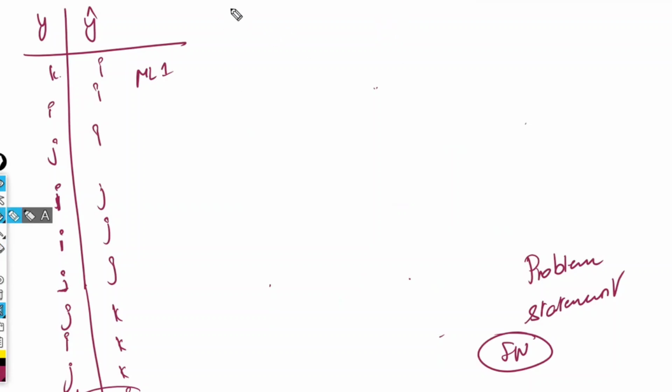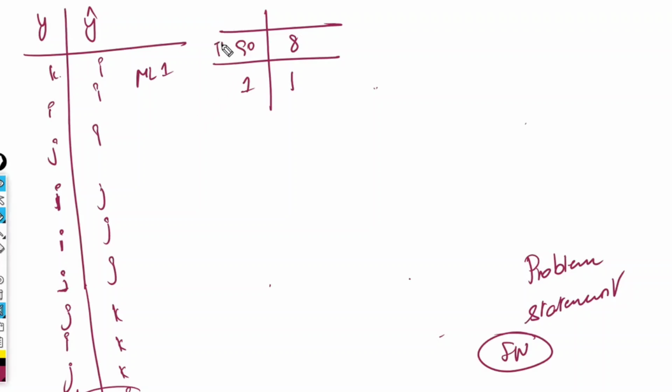I'm having a confusion matrix with TP, FP, FN and TN, where TP is 90 and FP is 1, and on this side FN is 8 and TN is 1. Total 100 records are there. This is the confusion matrix that ML algorithm 1 has given me as output.